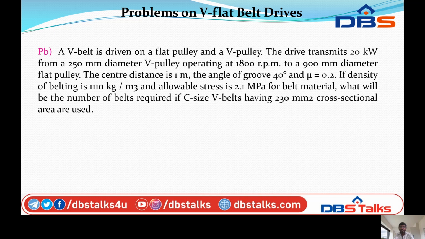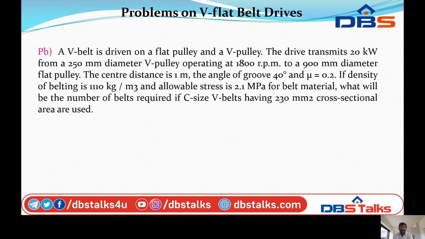A V belt is driven on a flat pulley and V pulley. The drive transmits 20 kilowatts from a 250 mm diameter V pulley operating at 1800 rpm to a 900 mm diameter flat pulley. The center distance is 1 meter. The angle of groove is 40 degrees and mu is 0.2.